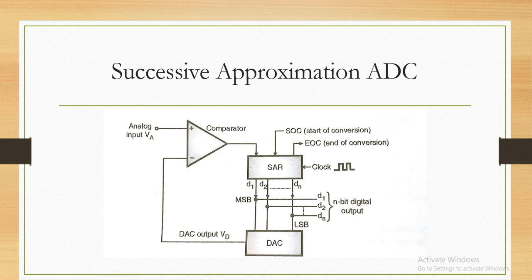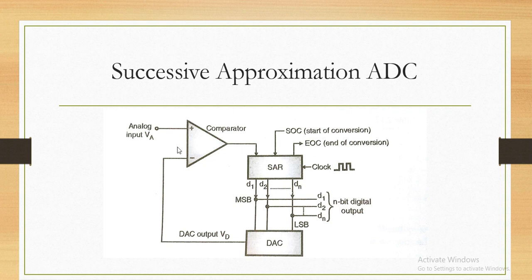Now if you see the block diagram of this successive approximation type of ADC, it is shown here. So this is the comparator. Again you have to understand the basics of this comparator. A comparator is an op-amp or operational amplifier, or a circuit which compares two quantities and produces the result as output.